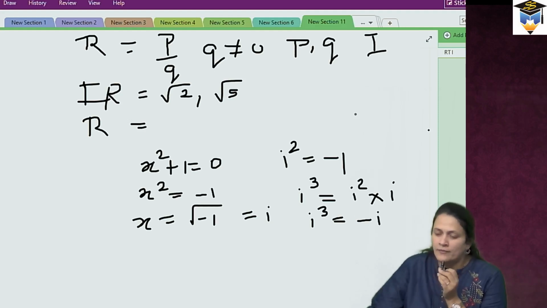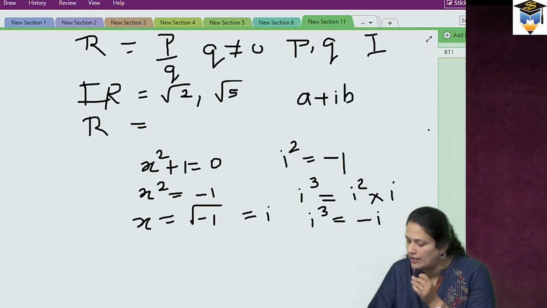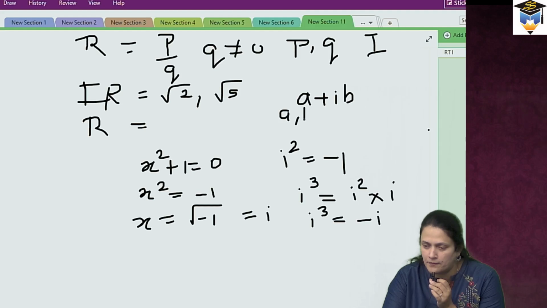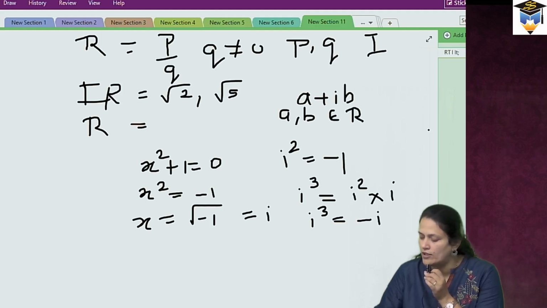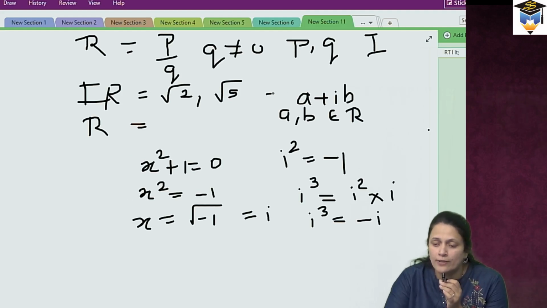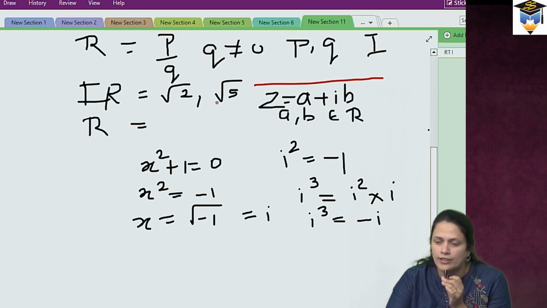The number of the form a plus ib is called a complex number where a and b belong to real numbers and i is equal to square root of minus 1. A complex number is always denoted by z. z is equal to a plus ib.